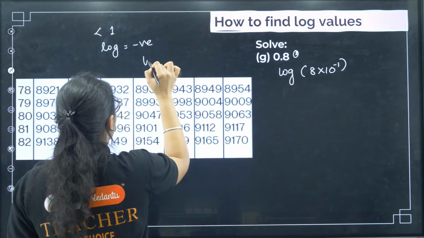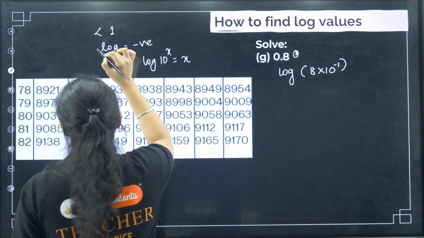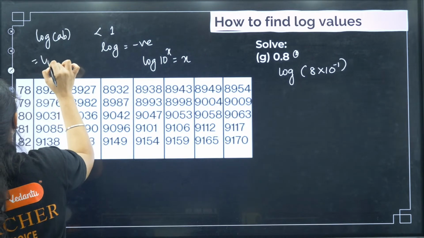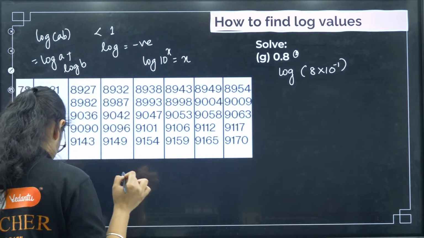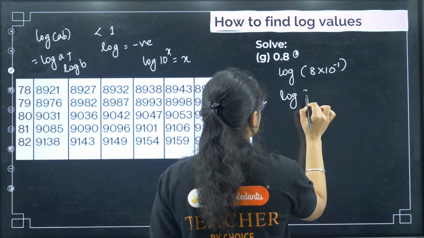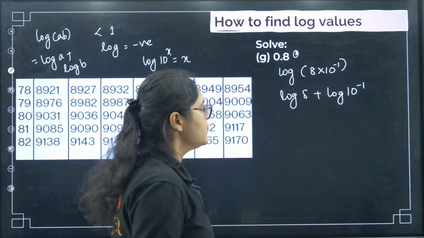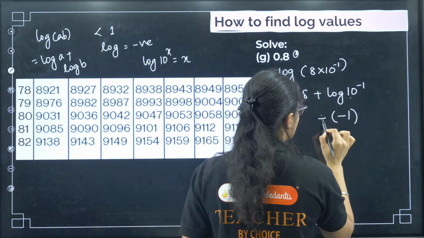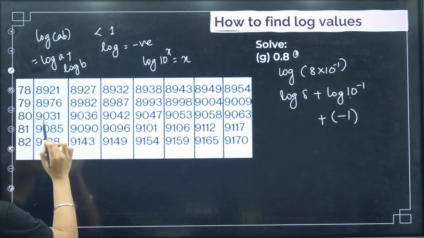Next, log of 10 to the power of x is x, and I have one more rule, that is log AB will be equal to log A plus log B. So now we have log 8 plus log of 10 to the power of minus 1. Log 10 to the power of x is x, so minus 1 plus log 8. How will I find it? For 8 I will take 80, 9031 is there.